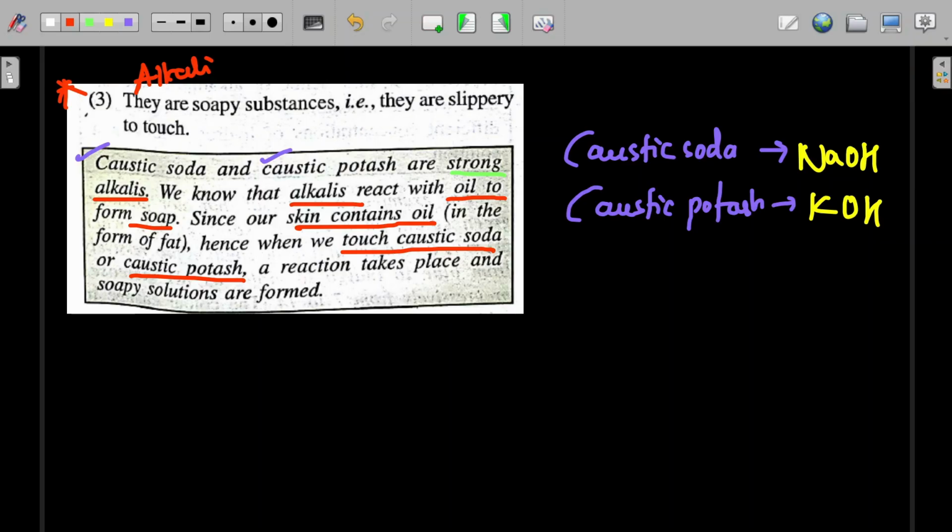The immediate reaction takes place and you are producing a soap there. That makes you feel that slippery-to-touch thing. The reason is simple: the caustic soda or caustic potash, which are strong alkalis, react with the oil present in the skin and form soap.